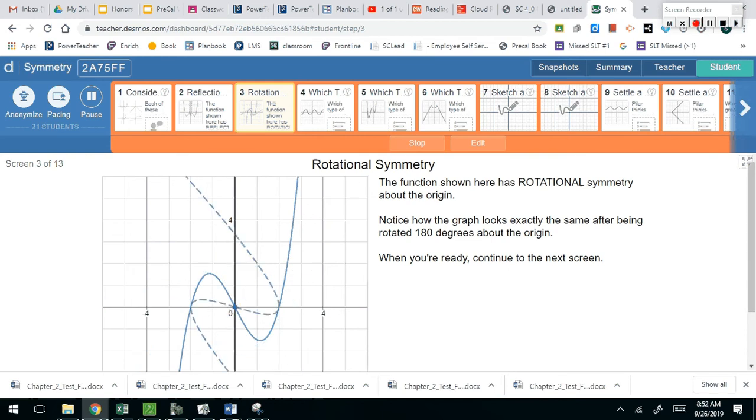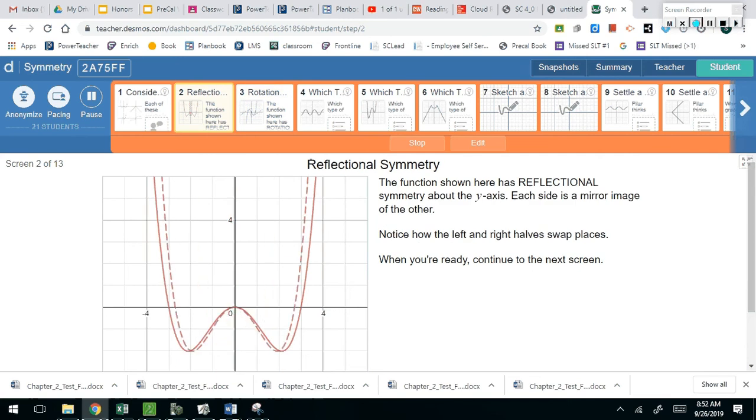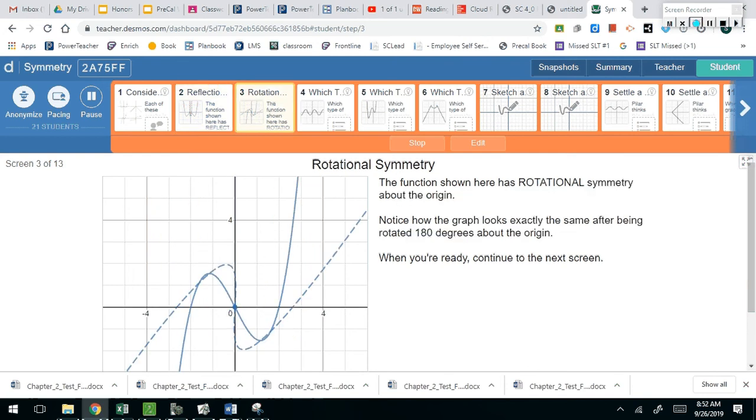Even: the y-axis splits it in the middle. Odd: the origin. It rotates about the origin and looks the same. Okay? All right.